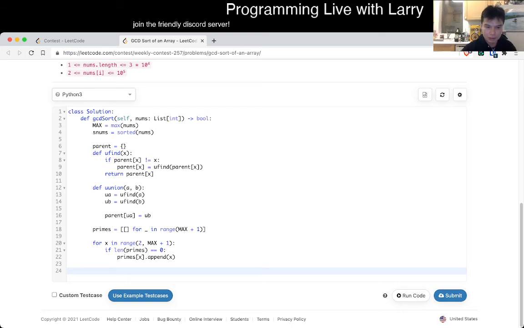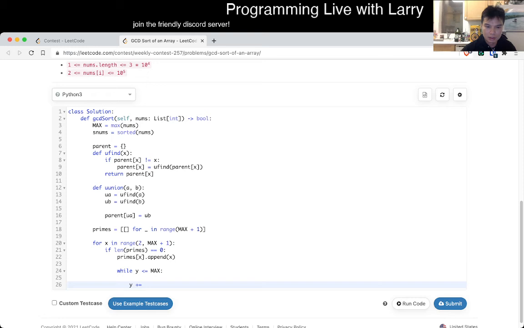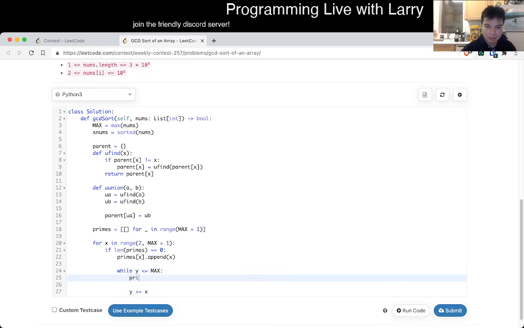And then we do for i in range of, let's just do it this way. While y is less than or equal to max, we add x to y, and then we just do primes of y dot append x.